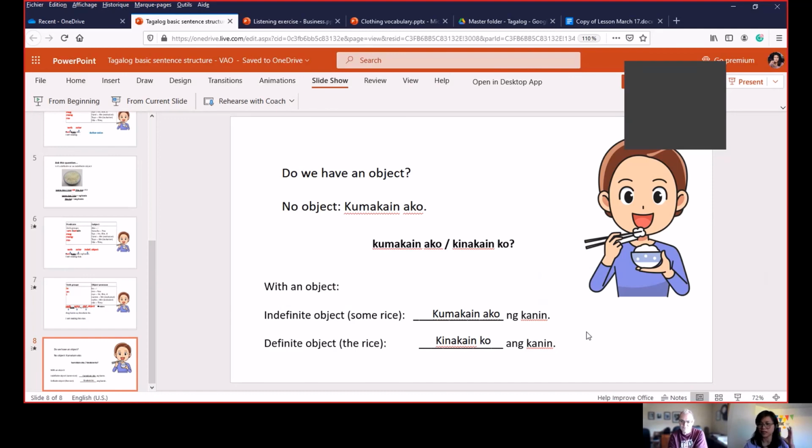With a definite object, kinakain ko ang kanin. And that's it. That's the logic. There is a syntax here, and we just need to process that.